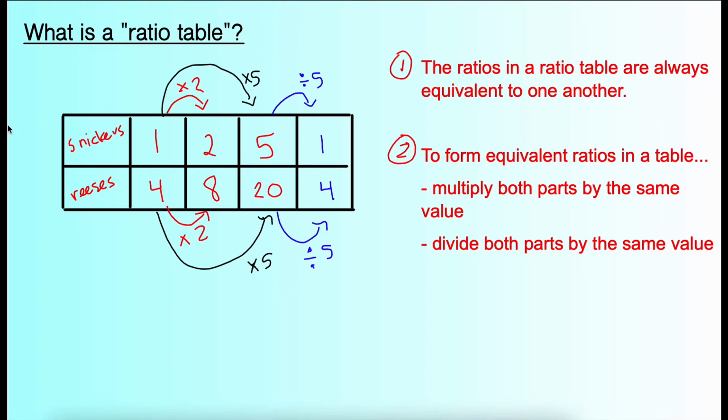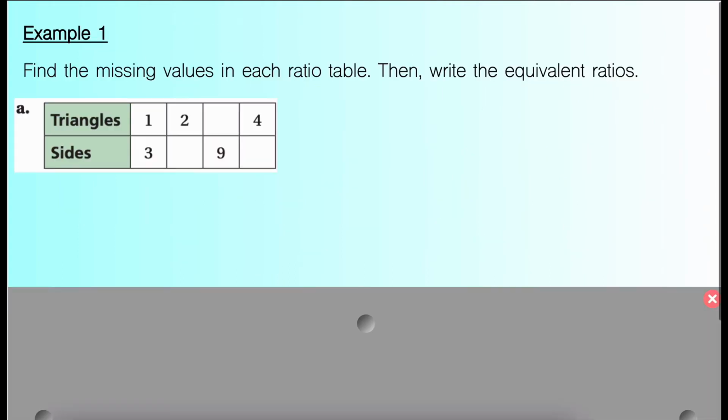From here, let's go to some example problems involving ratio tables. Our first example says, find the missing values in each ratio table and write the equivalent rates. So I've got a 1 to 3 ratio of triangles to sides. So for every 1 triangle I have, there are 3 sides to the triangle.